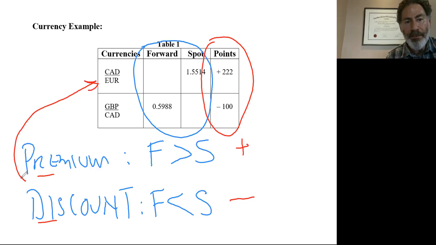So whatever the base currency is, the euro or the Canadian in these currency quotes, this would be what we would be looking for in terms of our answers. And you've got to be sharp, because if one currency is trading at a premium, the other currency is by definition trading at a discount. Okay, so there it is, nice and easy.